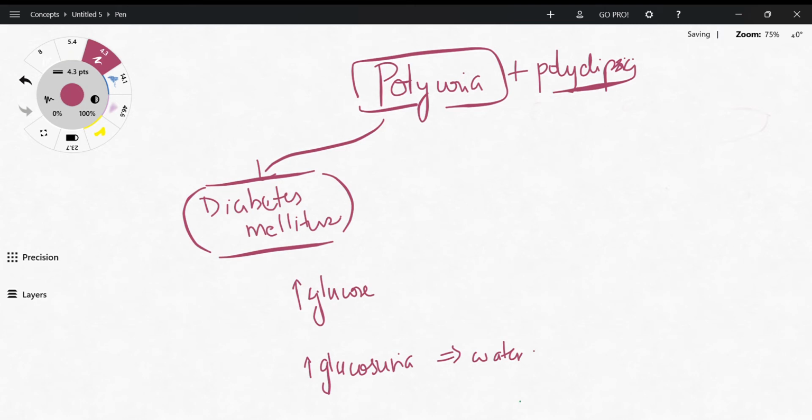And one more thing that happens in the early stages of diabetes mellitus is a phenomenon called hyperfiltration, in which, so you do know that there are SGLT2 receptors on the luminal side of the PCT, which is responsible for co-transport of sodium and glucose.